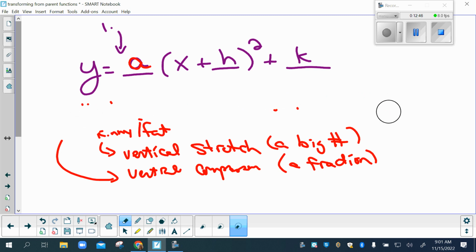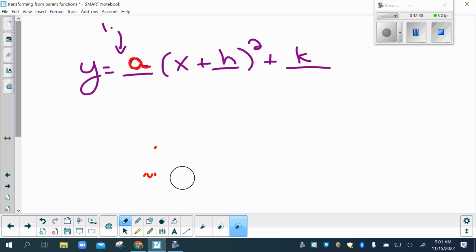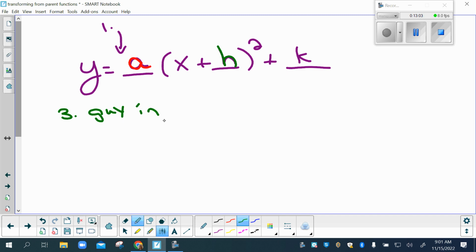Okay, here comes the next one. The next guy, let's do him in green. He is the guy in the parentheses. In math terms, they call that H. His job is to move the graph side to side.